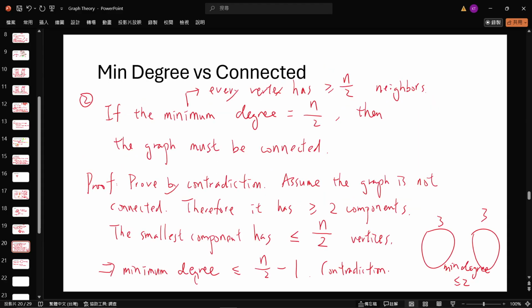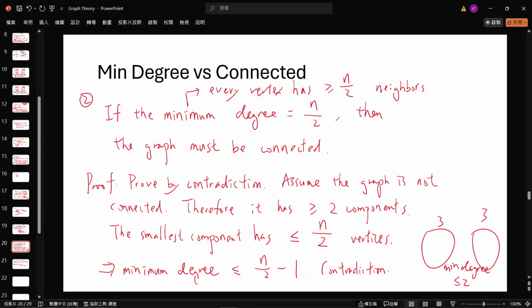Okay, so back to this question, okay? For this question, we just gave you a proof by contradiction. Usually if you prove something by contradiction, the proof cannot reveal too much detail or information or structure about the graph, okay?